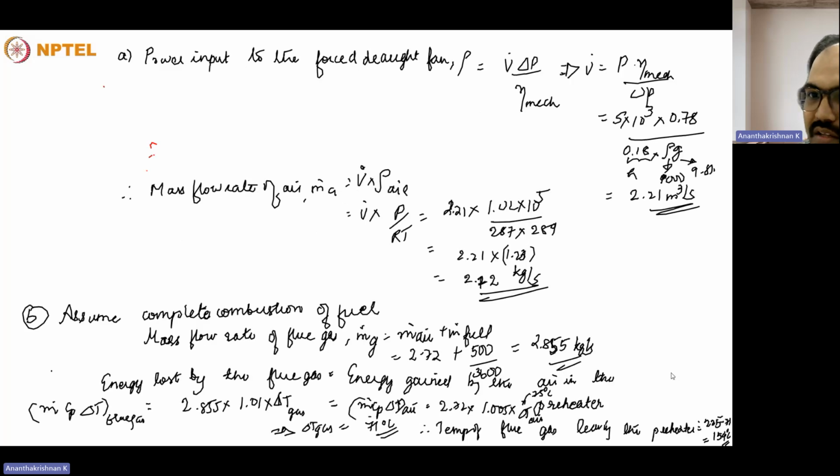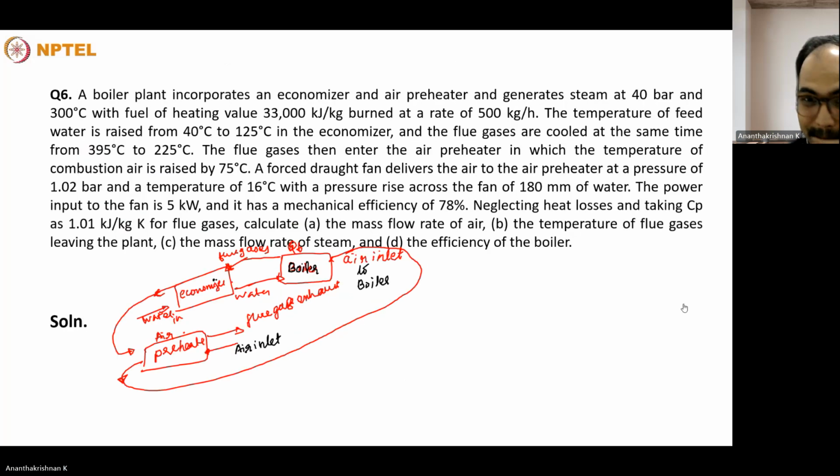So what we could see is that the water temperature is raised from 40 to 125 in the economizer, and the flue gases are cooled at the same time from 395 to 225 degrees Celsius. So this will be the heat transferred that will take this into account as well.